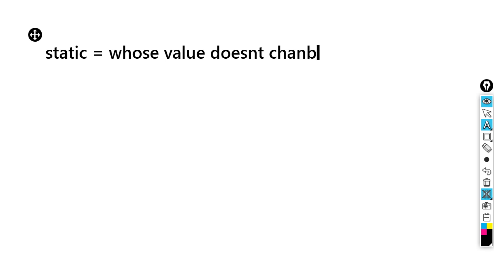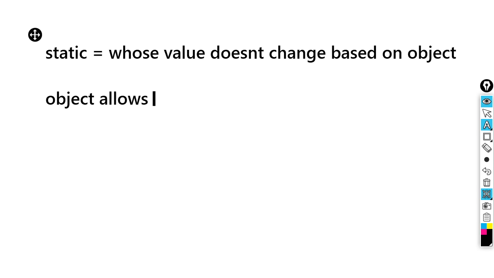What is static? Static is something whose value doesn't change based on object. This means that object allows us to store, say, different values, right?